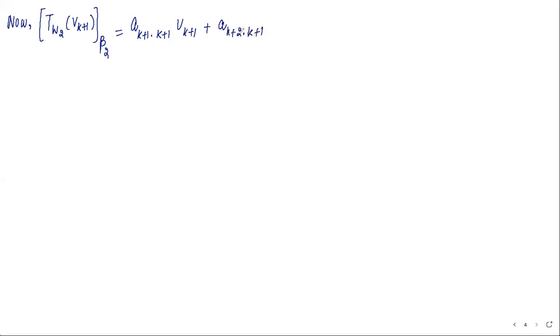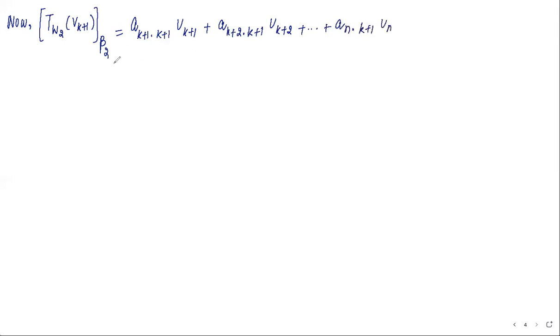This k+1 represents the column number for this a, and this represents the second coordinate, the second index of this scalar a. Then here we have v_{k+2} and so on. Then we have a_{n,k+1} v_n.